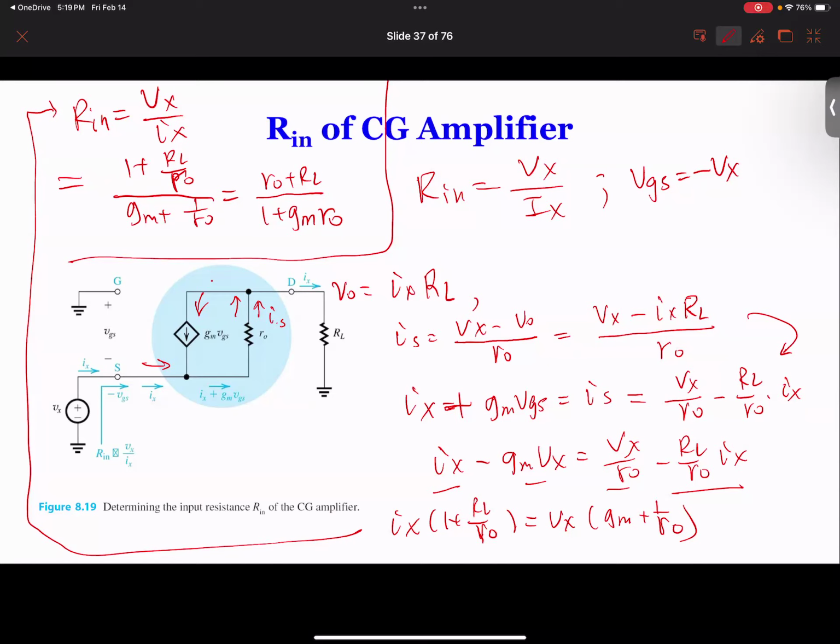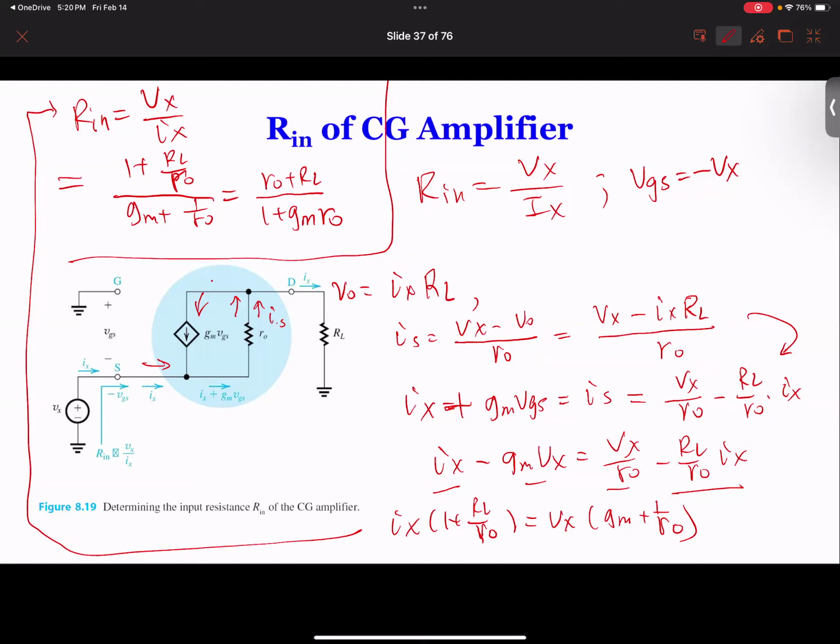The thing here is Gm times Ro is usually much larger than 1. So say Gm is 1 and Ro is 50K. So you get like 50. So 50 much larger than 1, right? So basically, if you want to go further, you can neglect that 1 to simplify it. So you neglect 1, and then the first term Ro cancels, and the second term is that.